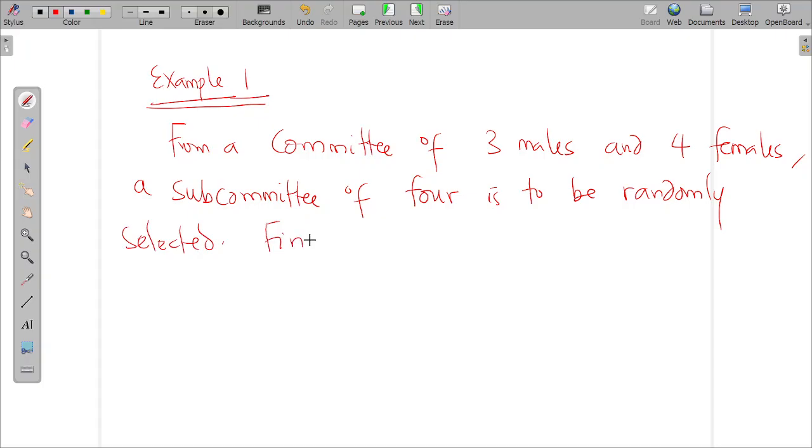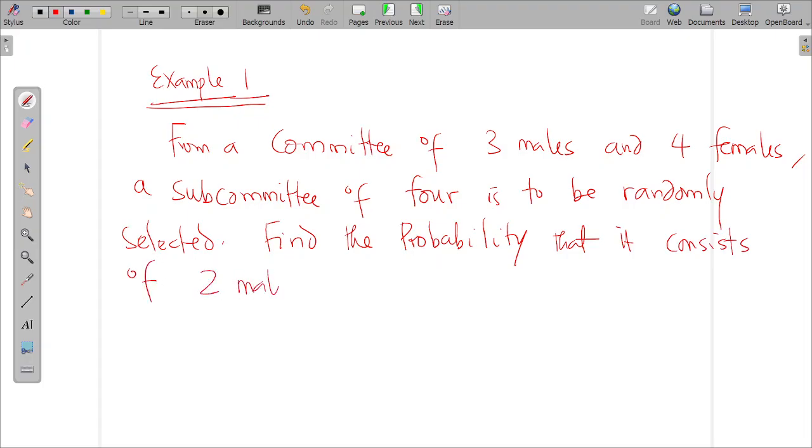So we want to find the probability that it consists of 2 males and 2 females.